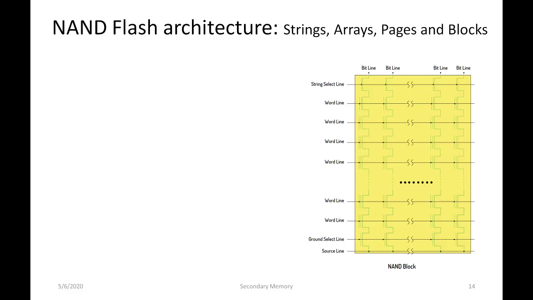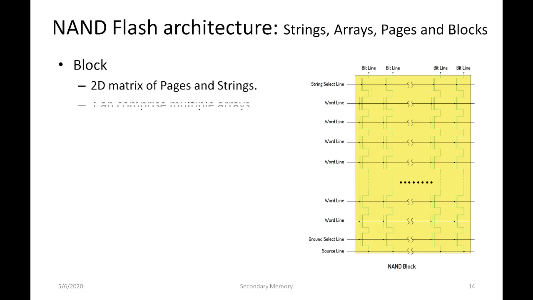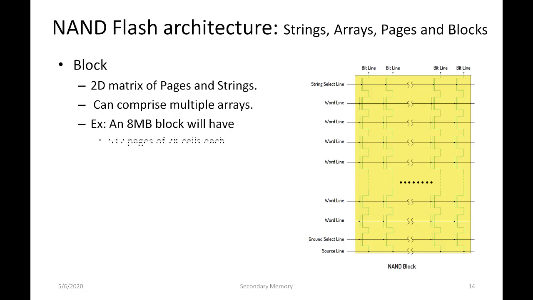Continuing further, we have a NAND block, which is the 2D arrangement of such pages and strings. We can imagine a NAND block to comprise multiple NAND arrays. For example, if we consider a NAND block of 8 MB size, then it can have 512 pages of 2K cells each, with a string or column of 64 cells.